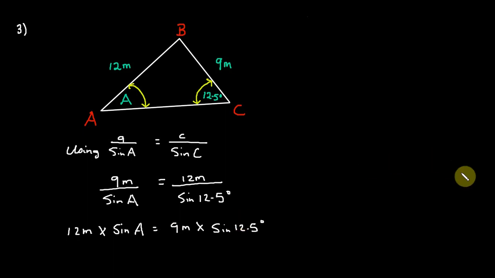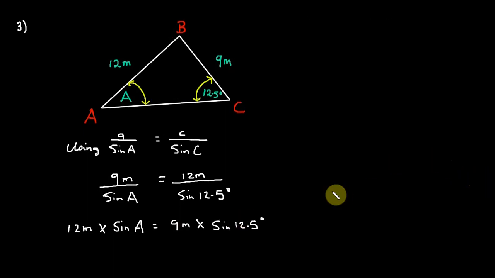In order to get rid of 12, we divide by 12 meters. We divide by 12 on this side too, in order to balance the equation. 12 will go with 12 and we have sine A remaining.